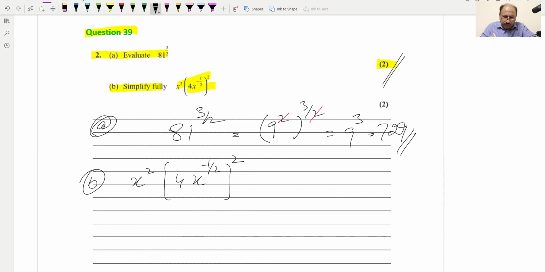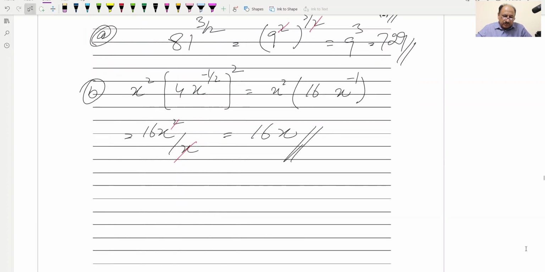So now we can basically solve this one. x squared as it is, and inside, 4 squared will be 16, and x raised to the power minus 1, and further we can write it as 16x squared over x, and x will be cancelled with the square, and our final answer will be 16x. This was a 2 marks question which we have done.